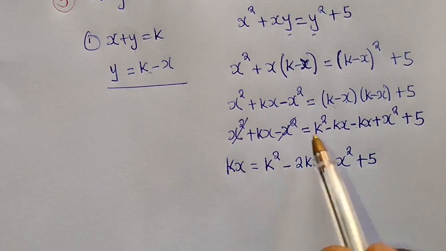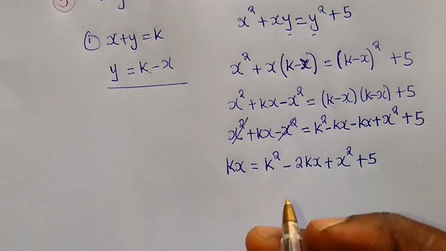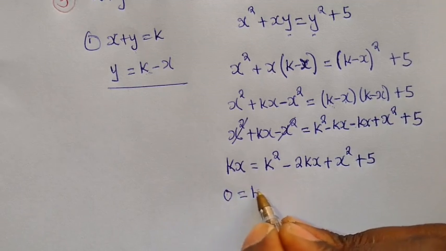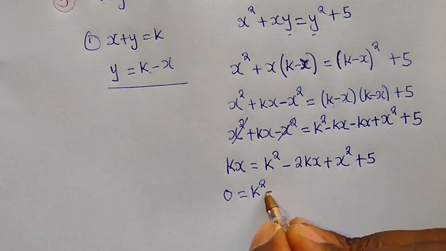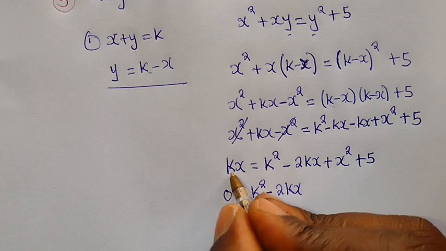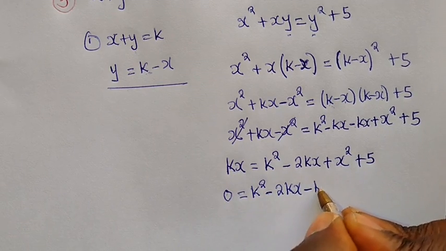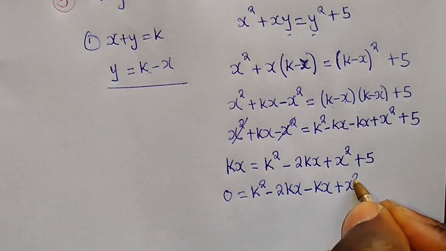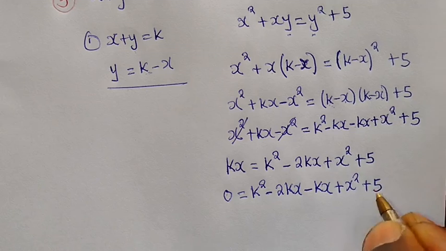So you need to bring it here, we need to rearrange, so to say. So if this one goes, we remain with 0 is equal to k squared minus 2kx. This is a positive, so it will be minus kx, then plus x squared, then plus a 5.